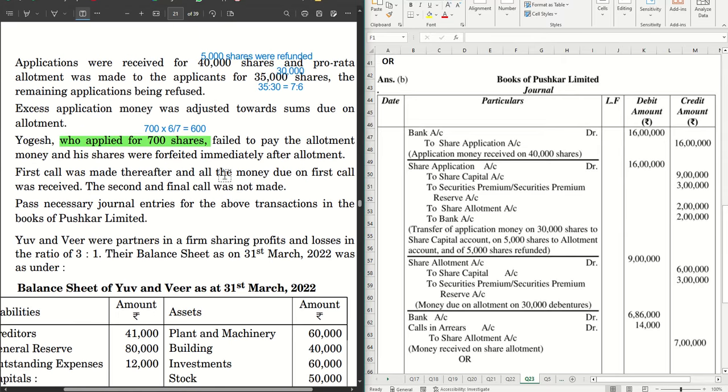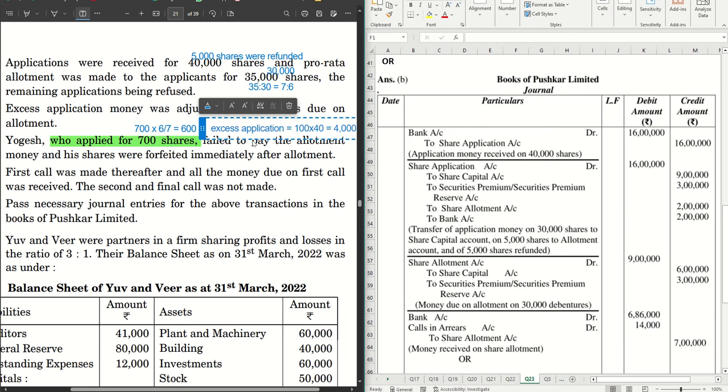So the excess application which he has paid is 100 shares into 40, and this excess application money will be adjusted towards allotment. So that becomes 4,000 rupees. So he has paid excess 4,000 rupees when he applied for these shares, and these will be adjusted to allotment. Anything remaining over and above that will become his due, which he did not pay. And that will be required for forfeiture because immediately after allotment, his shares are being forfeited.